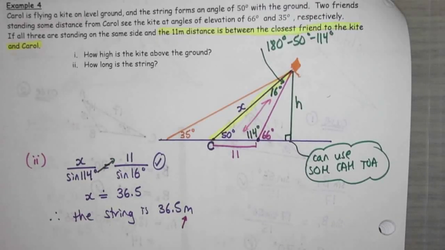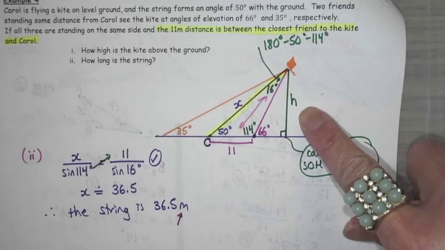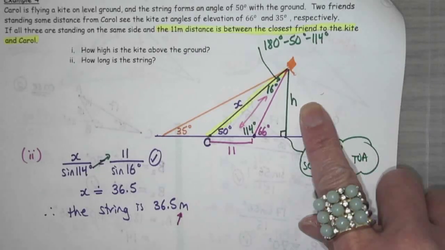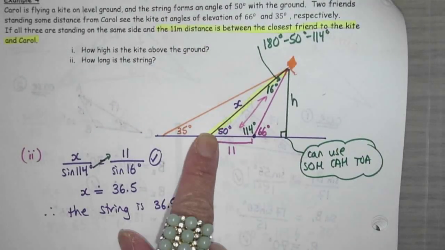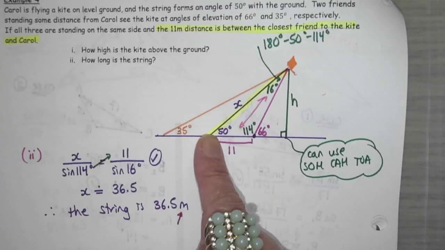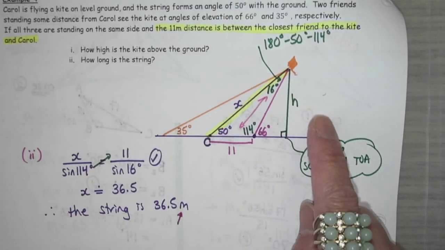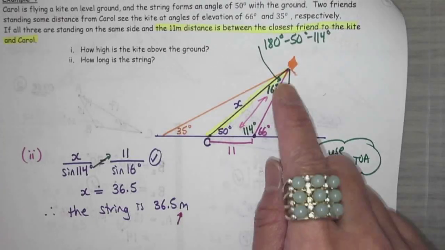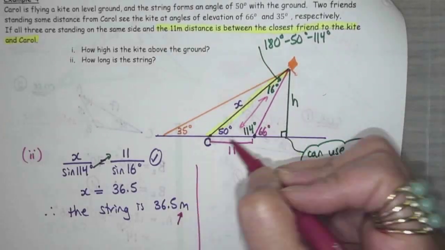Okay. What else can I answer here? Do I have anything else that I could answer? So I'm trying to get to the H here. Is there any way I can get to the H if I go and make the triangle bigger? So if I take it all the way to the 50. If you look at the big triangle, you have the triangle with X and H. You have 50 degrees.